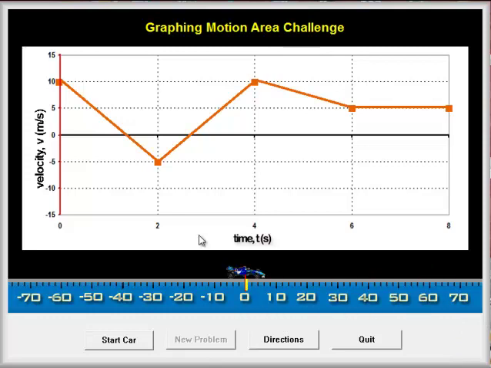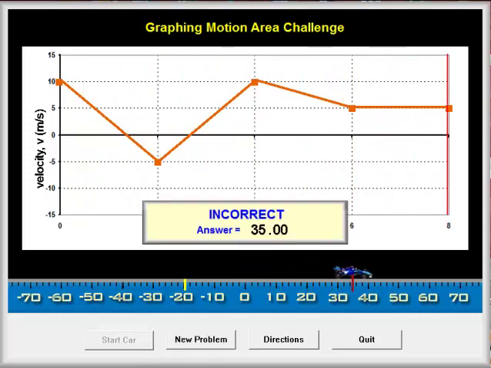So, in this case, the car is going in the positive direction, negative direction, positive direction, and each of the areas under the curves can be added up, and then you see whether or not you get to the correct answer. As you can see, it didn't work too well. The nice thing about this is, again, students get to see the actual motion of the car versus the graph. It gives them a good feeling of exactly how these two are related to one another.